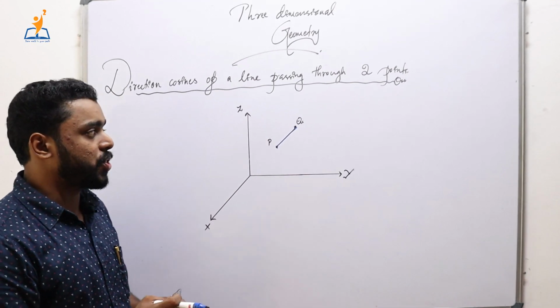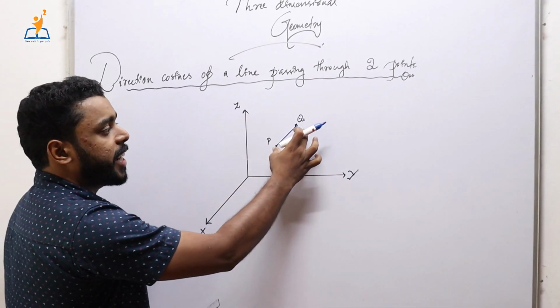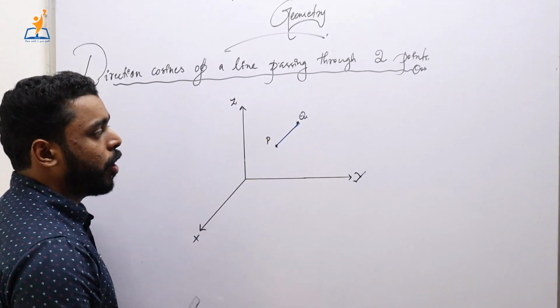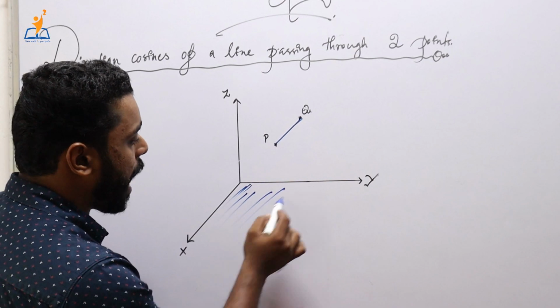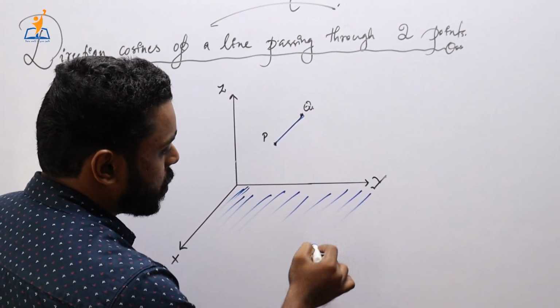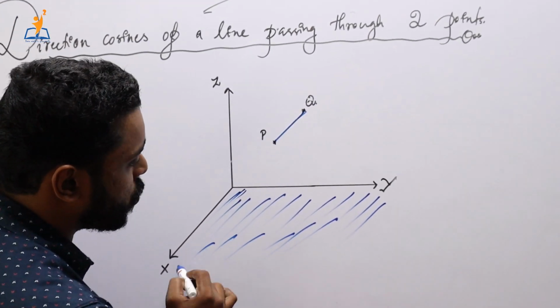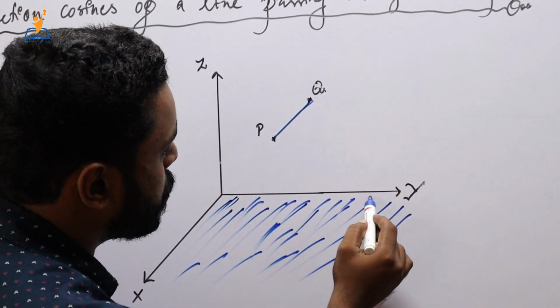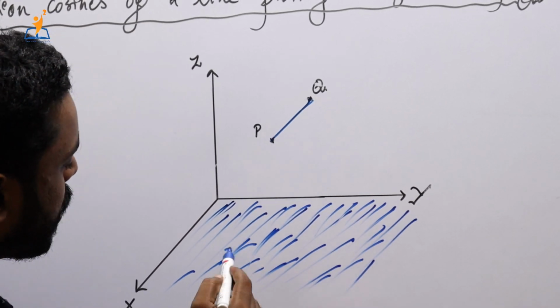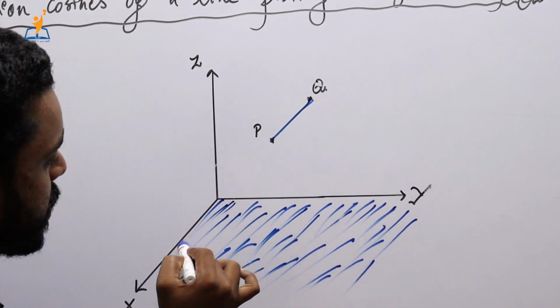Now observe this picture well. I have to find the direction cosines of this line. For that, I am drawing a perpendicular from P as well as from Q to the XY plane. See, this is the XY plane. This plane is called the XY plane, since we only marked X and Y axes here.